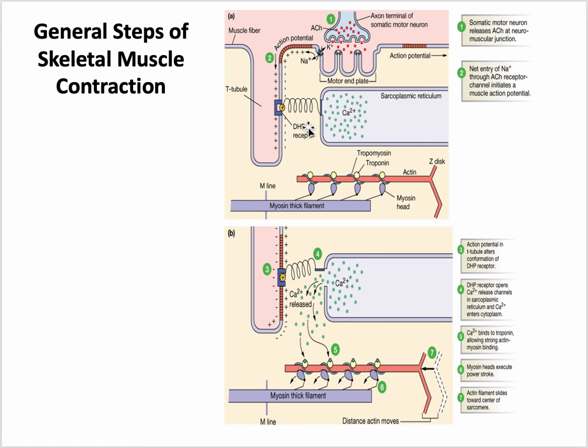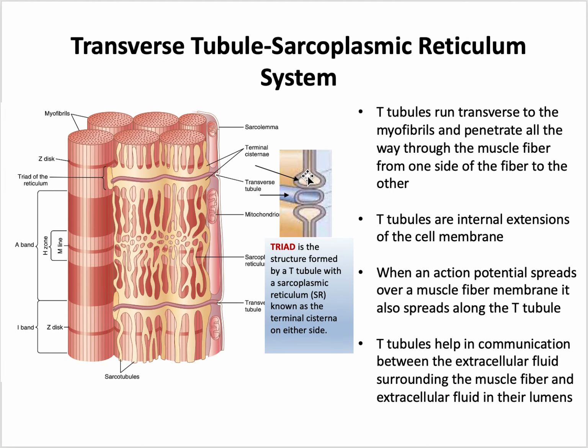There are these special receptor channels called dihydropyridine receptors, DHP receptors, fine for you to know. But these guys are connected to calcium channels on the sarcoplasmic reticulum. And remember that the terminal cisternae of the sarcoplasmic reticulum are right next to the T-tubules.